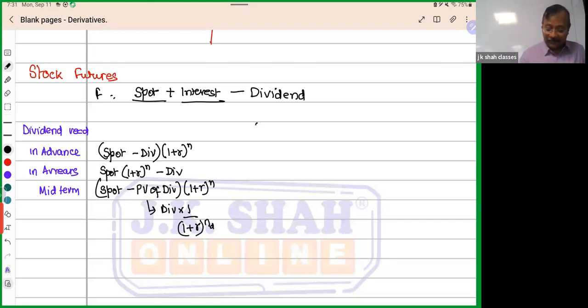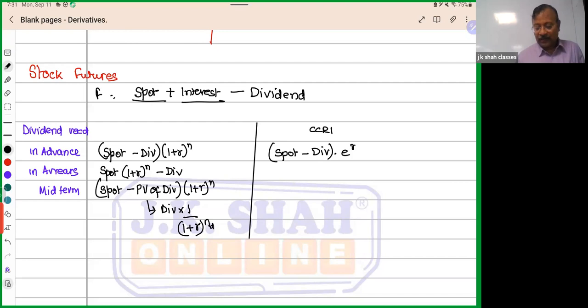And if the rate of interest were continuously compounded, this would be spot minus dividend into e to the power RN, spot into e to the power RN minus dividend, and spot minus PV of dividend into e to the power RN, where PV of dividend will be dividend into 1 upon e to the power RND.